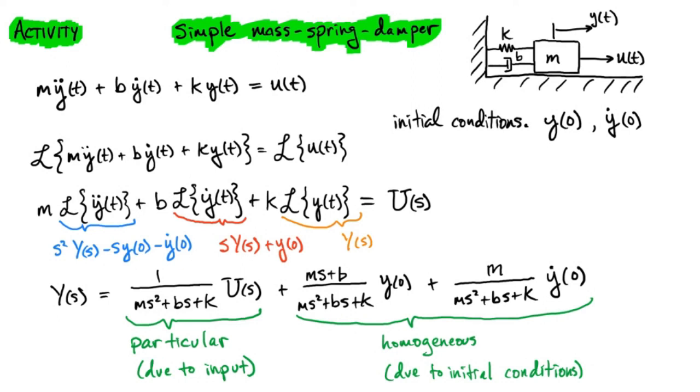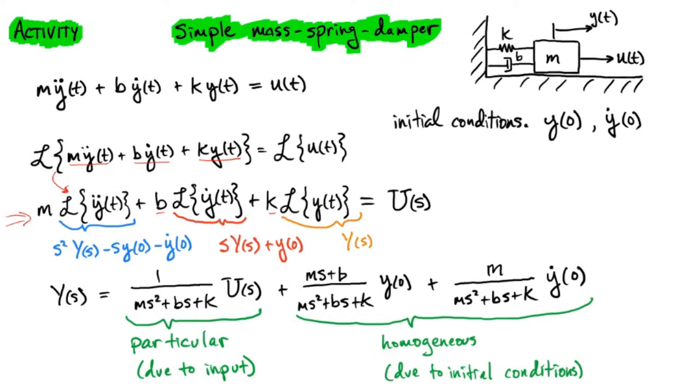So now, going from this second line to the third line here, this is linearity. This is the idea that linearity allows us to separate each of these terms. So in this case, we have these three different terms that are in the sum on the left-hand side. And linearity of the Laplace transform allows us to get to this equation here, where we've pulled the scalar coefficients, the mass, the damping coefficient, and the spring constant out, and now we're just taking the Laplace transform of each of these different functions, y double dot, y dot, and y.